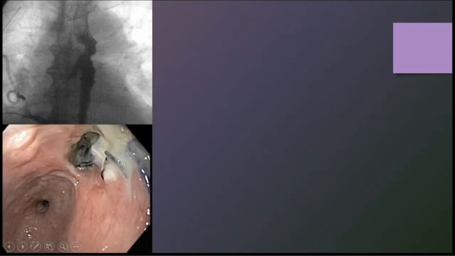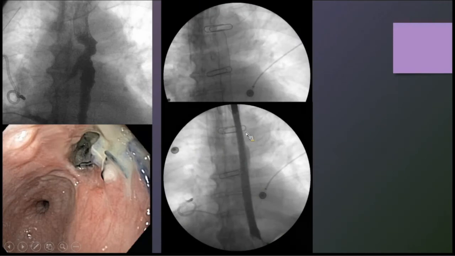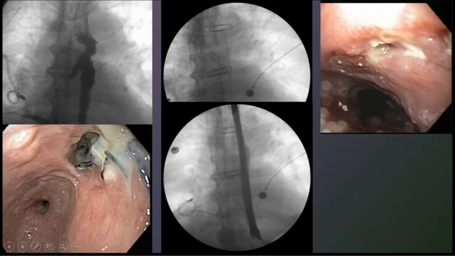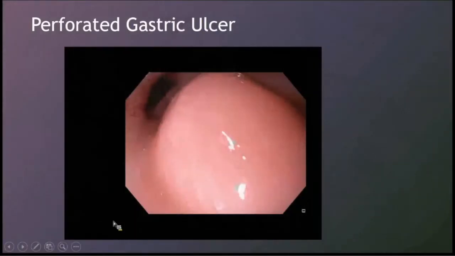When we go with the scope, you can actually see sutures in the failed attempt at closure, and you can see there's pretty much a defect here. So we put a long stent in, and we shot contrast. There's no more leak. We come back about 8 weeks later, and it's a little like nodular granulation tissue, certainly very different from this. And when we shoot contrast in there, the leak is fully resolved.